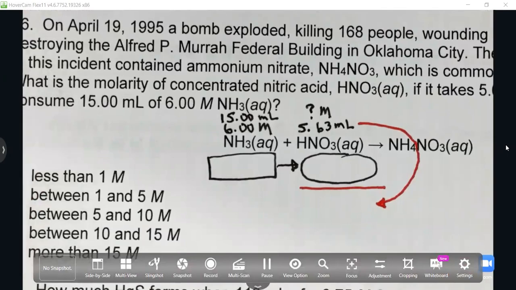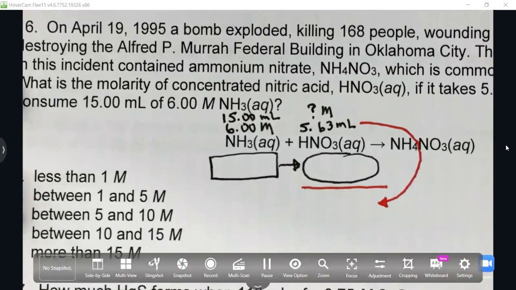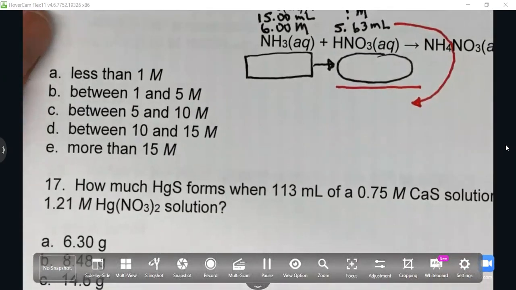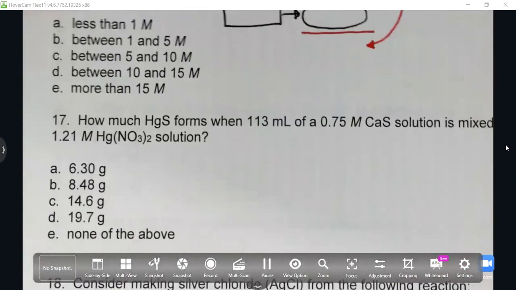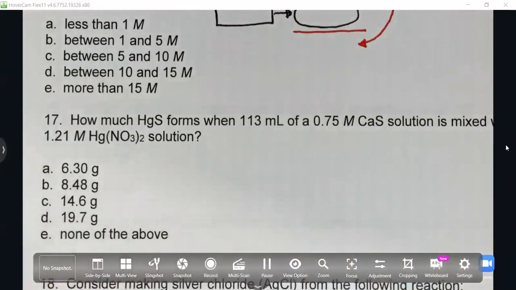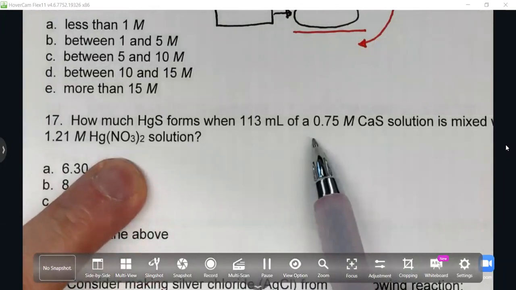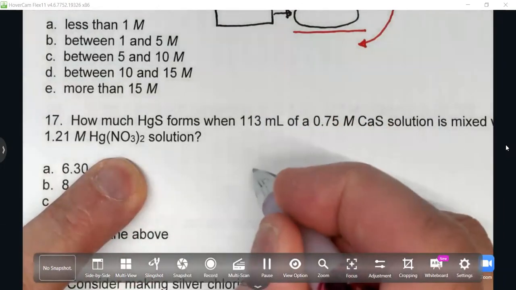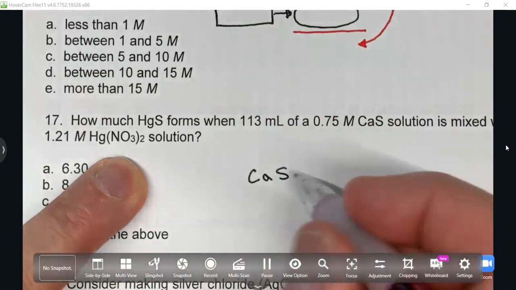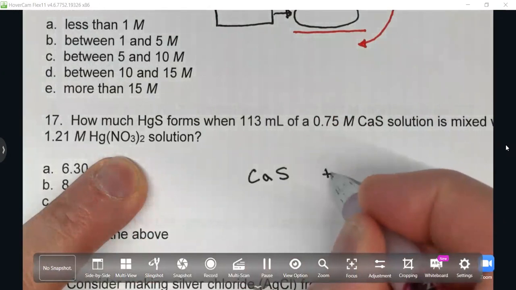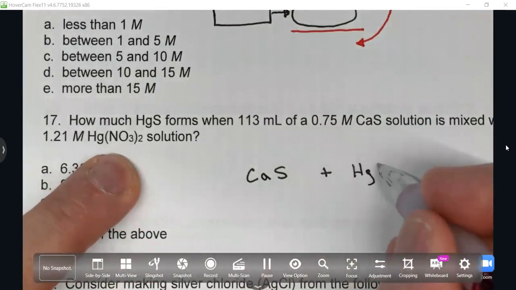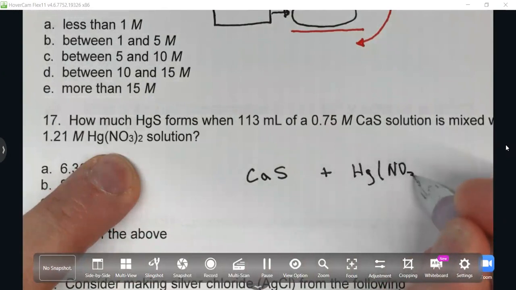And 17. Let's see what 17 looks like here. So we've got how much HgS forms when, so it looks like we have calcium sulfide plus mercury 2 nitrate.